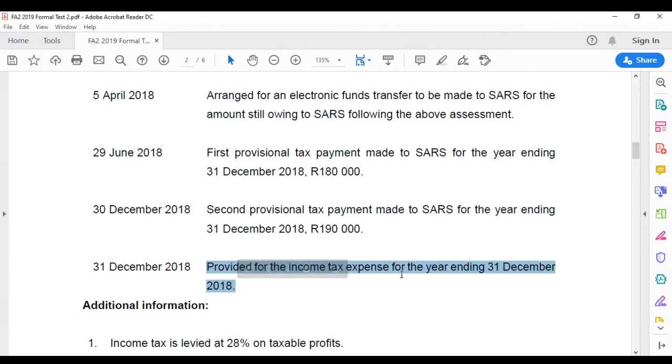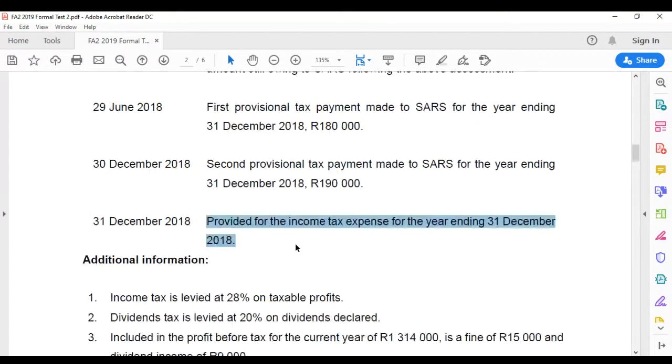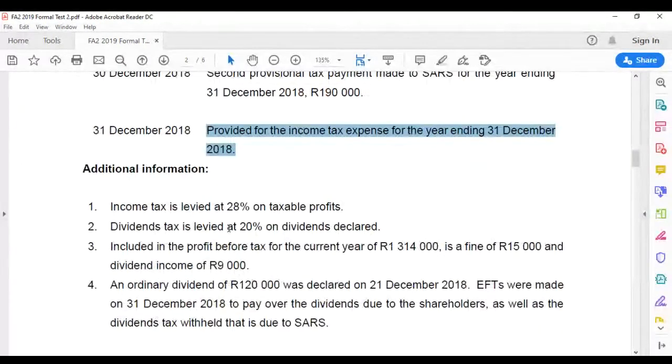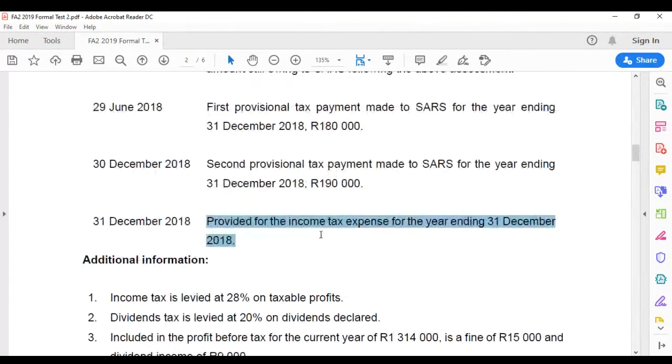So maybe let's get the structure of our journal entry correct, and then we can worry about the amount. We can see there's all sorts of additional information, so the amount is going to take us a while to calculate. But if we are going to provide for the income tax expense for that year, type for me there quickly, which account are we going to debit?